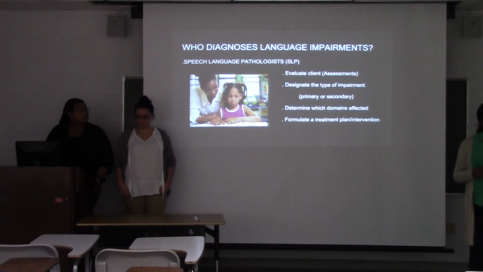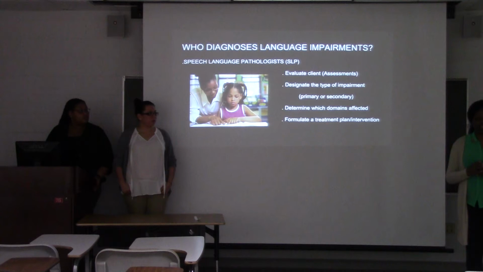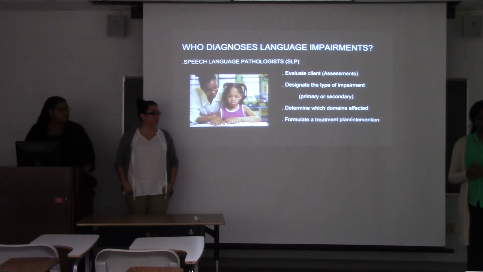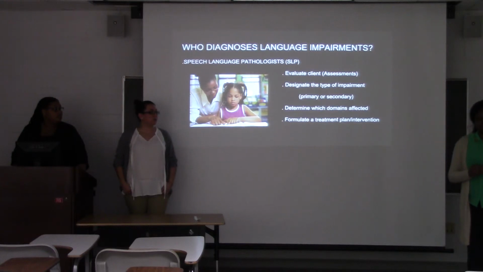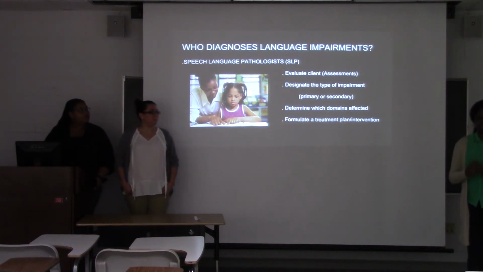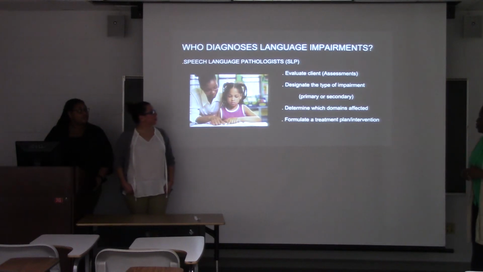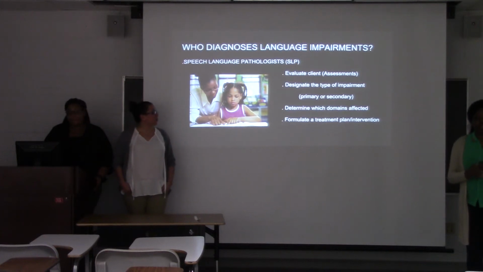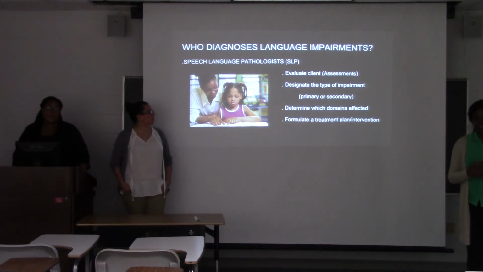The teacher would let the parents know that there's an issue with the child's academics, that they're not reading or not comprehending what they're reading, and that they may need to see a speech-language pathologist. The SLP will evaluate the child, using assessments to determine whether there is a language impairment present.